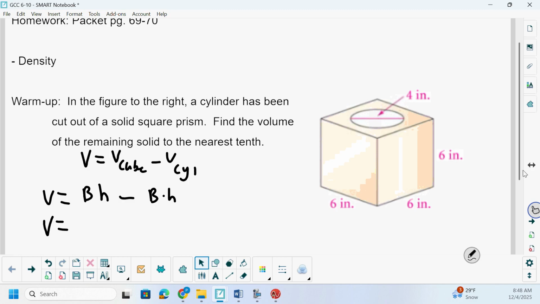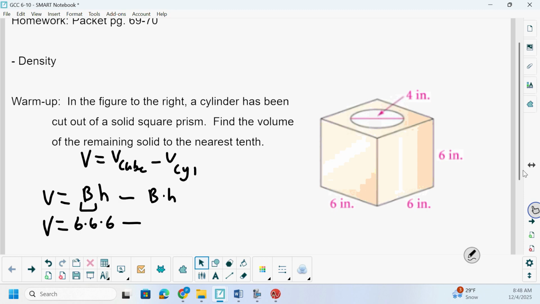Well, when you have a cube, the base has sides the same, so our area of the base is going to be 6 times 6 times the height, which is also 6. Now for our capital B, remember capital B represents area of the base for the cylinder.